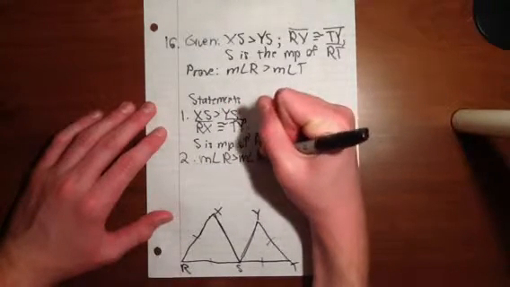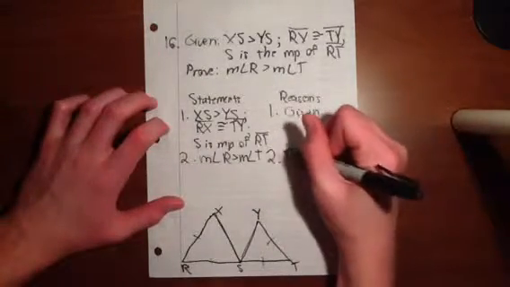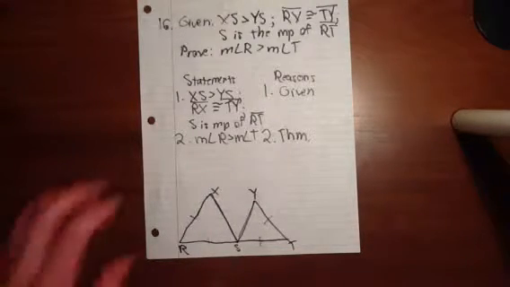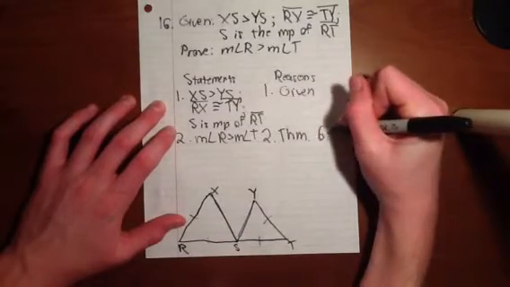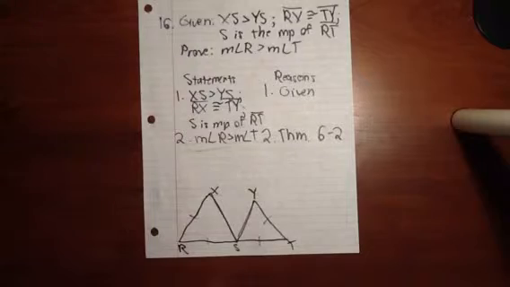So the measure of angle R is greater than the measure of angle T, and that's because of theorem 6-2, which states that if one angle of a triangle is larger than the second angle, then the side opposite the first angle is larger than the side opposite the second angle. And that's the final answer.